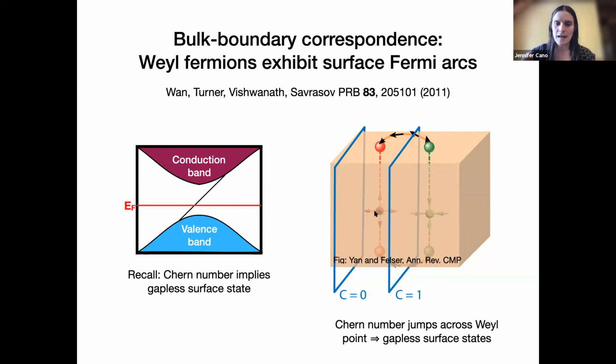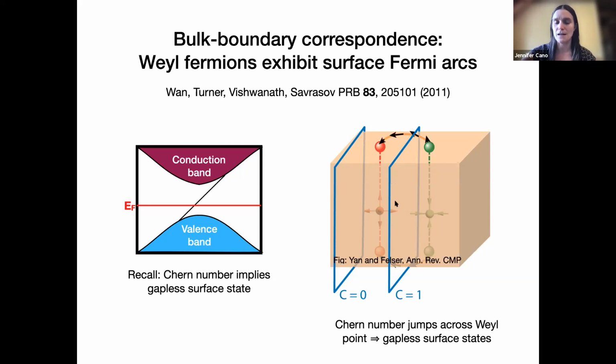And I just said that the Fermi surface surrounding one of these Weyl points has to have a Chern number. If you think about taking your Fermi surface and deforming it, you can deform it into 2 planes. Since the Fermi surface had a Chern number, it must be that the Chern number on these 2 planes differs by 1. So one of these planes also has to have a Chern number.